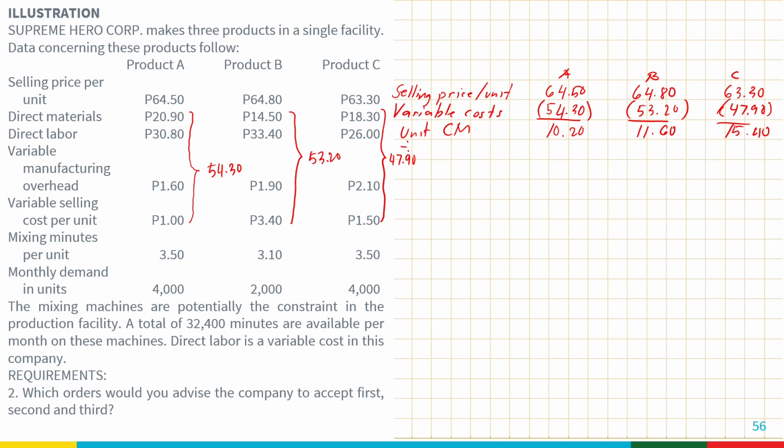So divided by the mixing minutes, 3.5, 3.1, and 3.5. 10.2 divided by 3.5, that's 2.91.